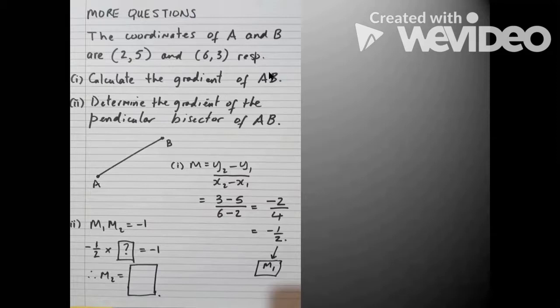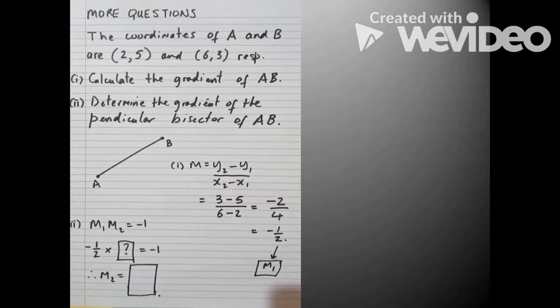Calculate the gradient of AB. Pretty straightforward. We just use the formula there: y2 minus y1 over x2 minus x1. 3 subtract 5, which is negative 2. 6 subtract 2, which is 4. We get a gradient equal to negative a half.